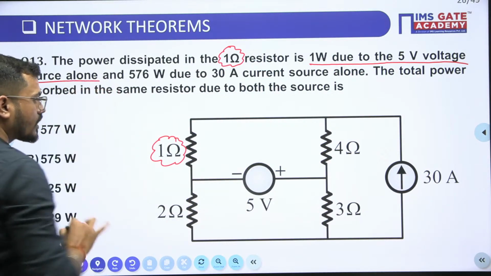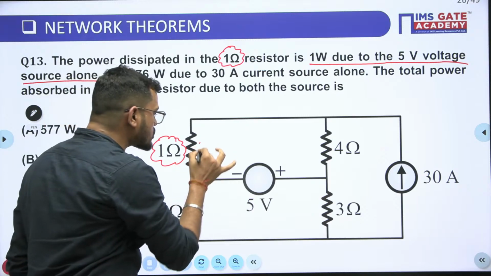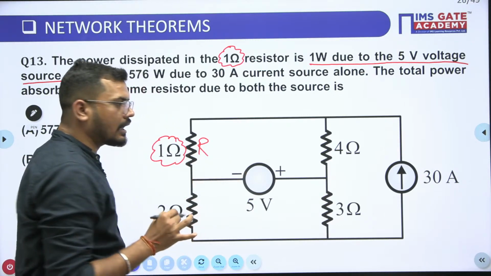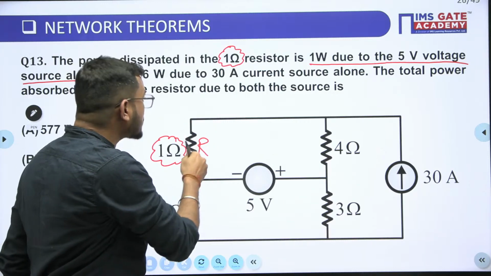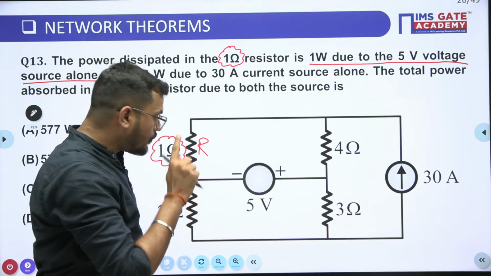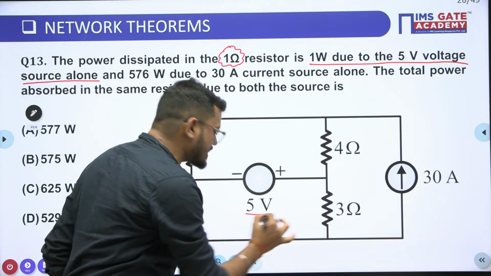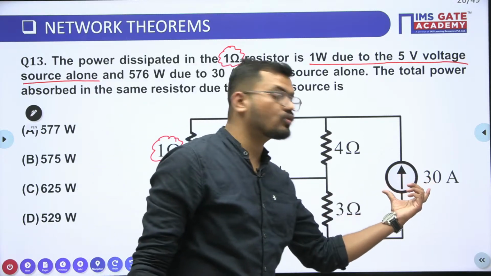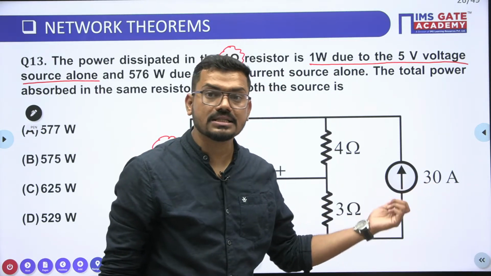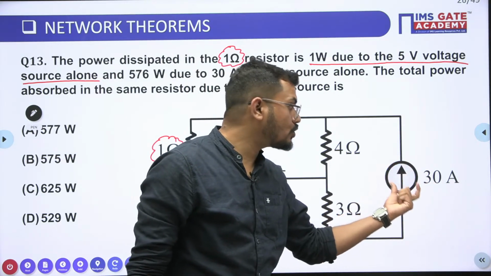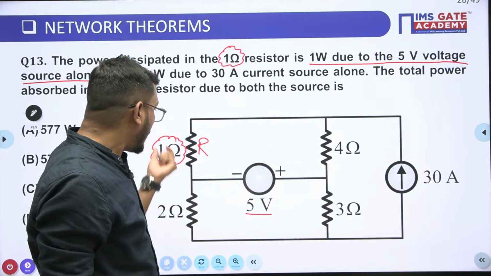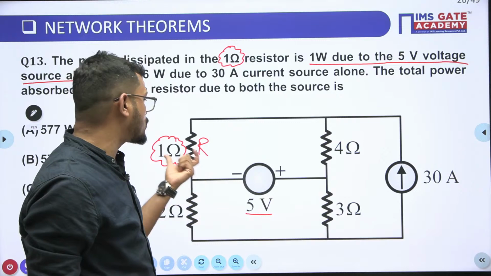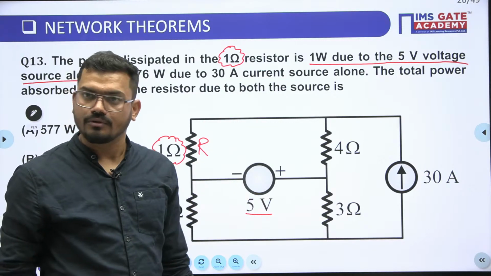This means that this resistor R, which is 1 ohm, dissipates 1 watt of power when this 5 volt source is acting alone, meaning the current source is deactivated, that is, open circuited. Very good.